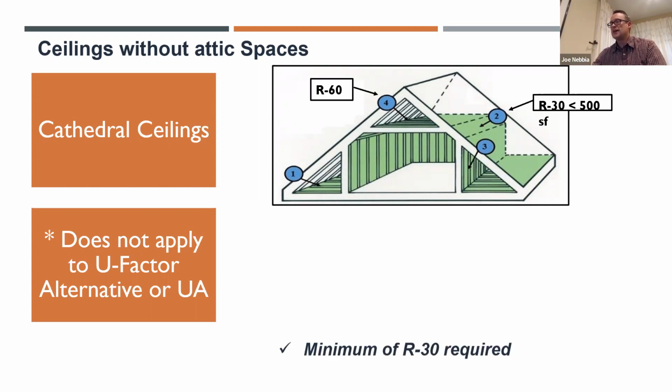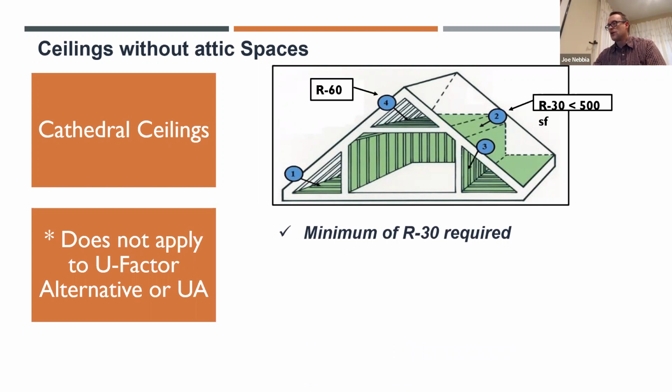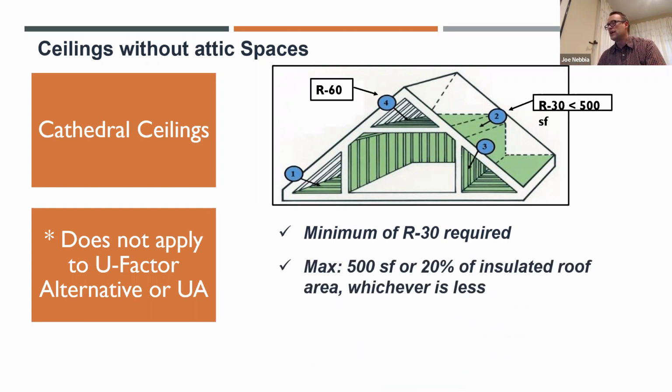So the code says I have to have at least R30, and I can only do this in 500 square feet or 20% of the insulated roof area, whichever's less. So can't do my entire attic this way, or I can, but I have to do a UA trade-off or a performance path or something like that. Prescriptive R value compliance only gives me a little bit of flexibility for some areas on the roof.